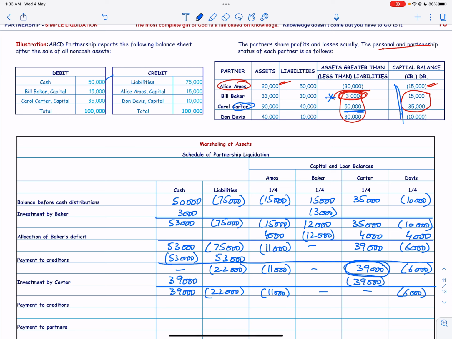Now we will be paying the creditors 22,000. So we have a total of 17,000.